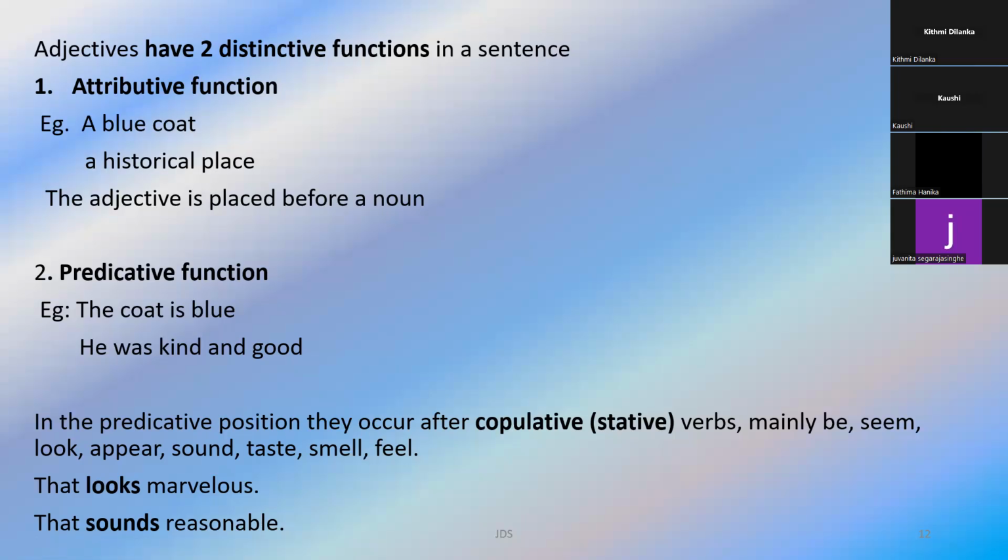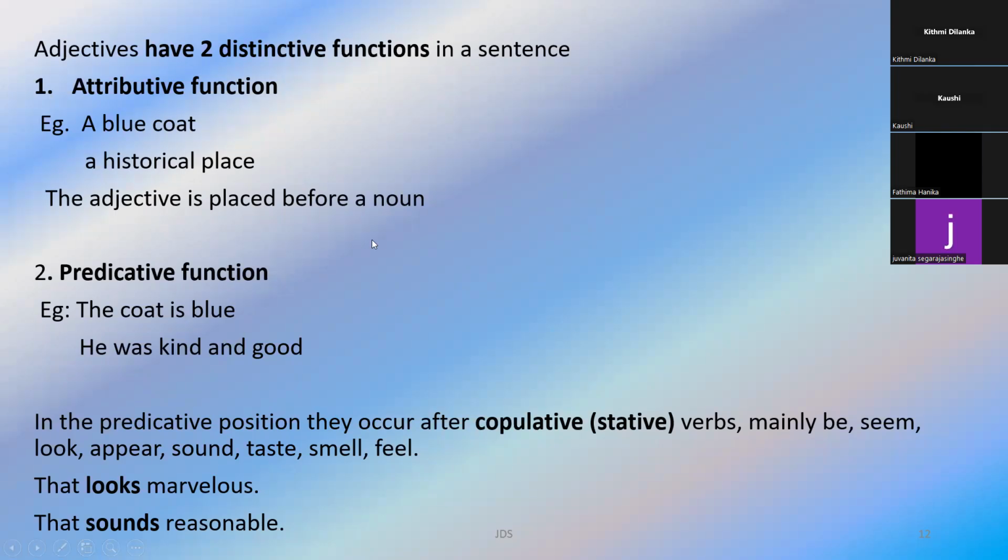So, seems is a copulative verb. He is happy, that is also predicative function, but there it's coming after a be verb. In addition to the be verb, they can also follow a copulative verb. Copulative verb means verbs that indicate the state of the noun.